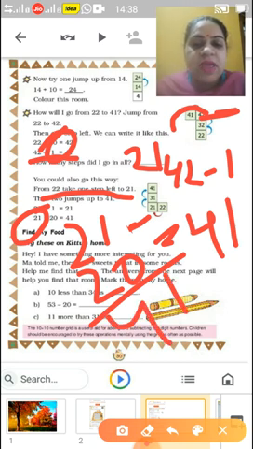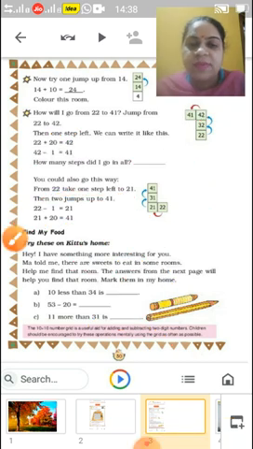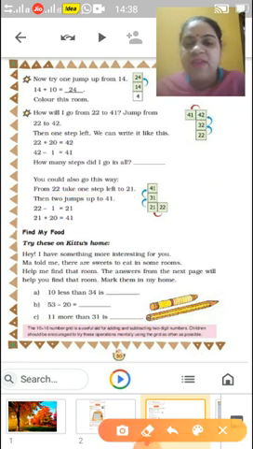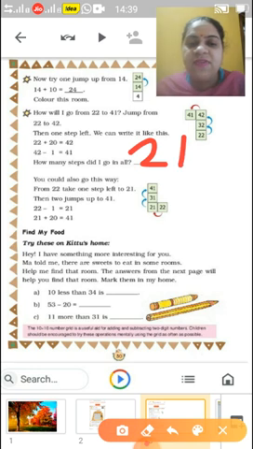Same here, 21 plus 20 is equal to 41. Okay children, now next, how many steps does he take? 21 steps in all. Try these on Kittu's home.